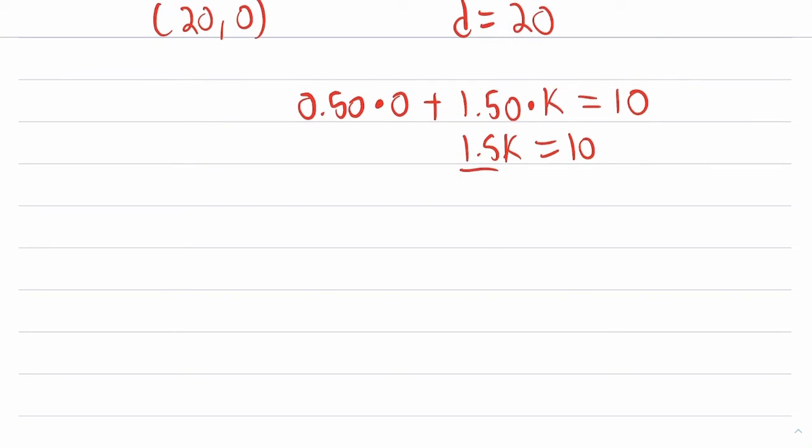If we divide by 1.5, that's 10 divided by 1.5. Since I don't have a calculator, let me just do a fraction. I think it's going to be 7.5, but that's going to be 20 over 3. So it's 6.6, 6 2/3.